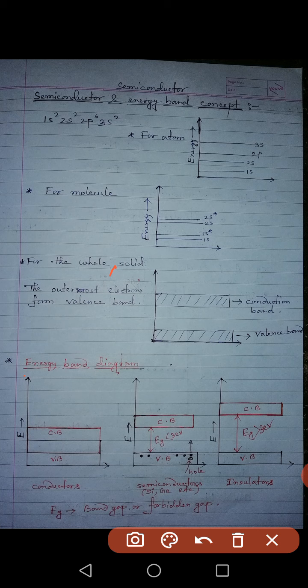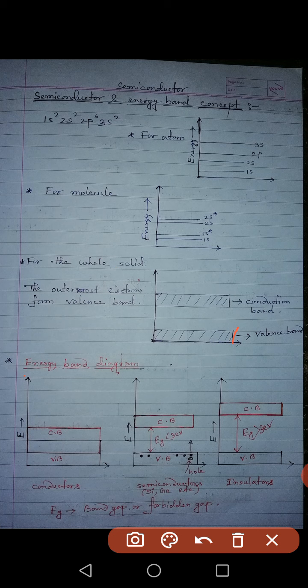Suppose in a metal, for example sodium, when we write the electronic configuration it is 2, 8, 1. How many electrons are there in the outermost shell? That is 1. This one electron has a tendency to come out of the atom, so that the atom can get its nearest inert gas configuration, 2, 8.